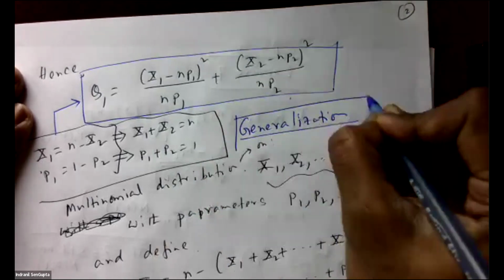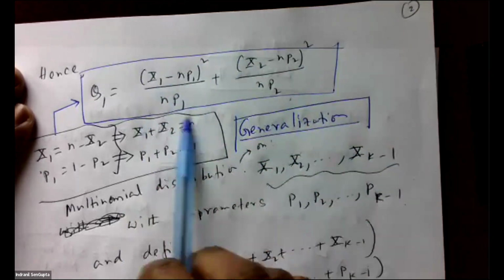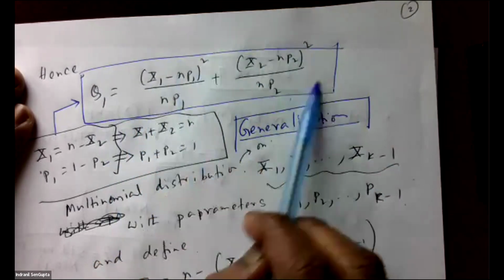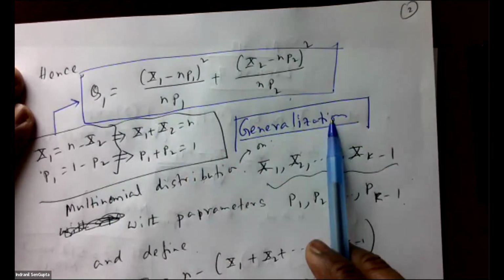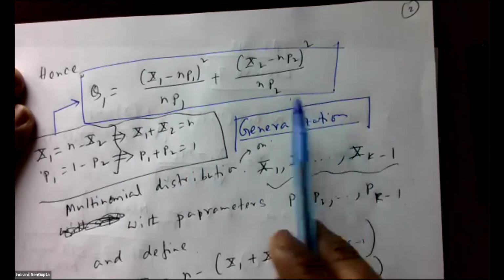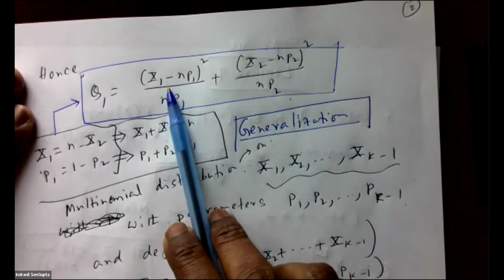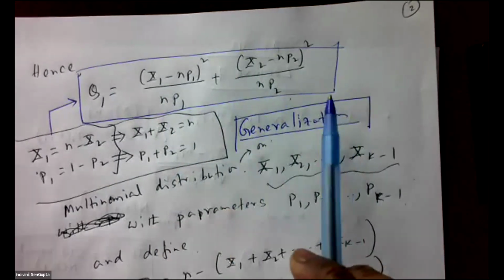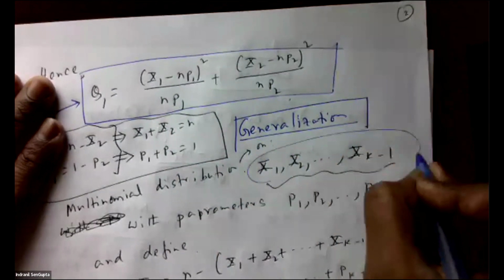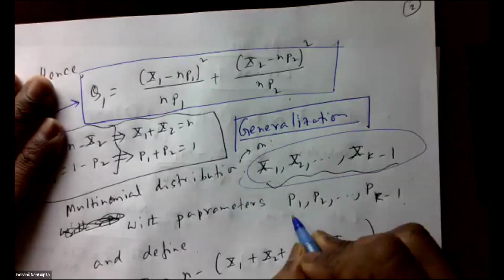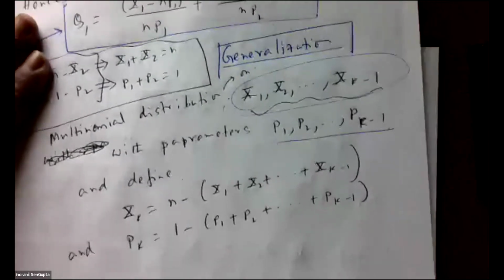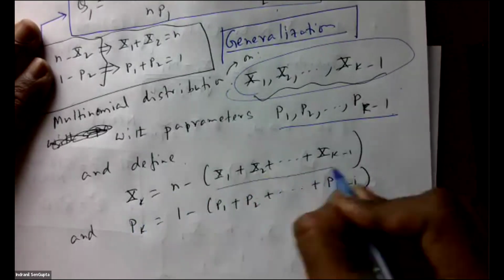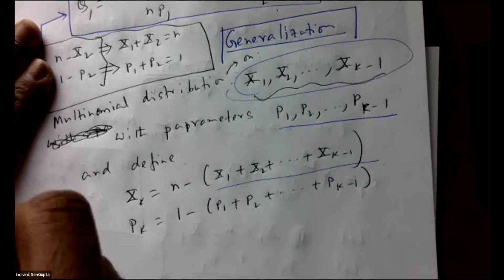So what is the generalization? We have seen that in that case, my chi-square can be written this way. Now suppose that, instead of having just one and constructing the second out of it based on the value of n, we have k minus 1 distributions with certain parameters, and we define the last one by Xk equals n minus the previous ones.